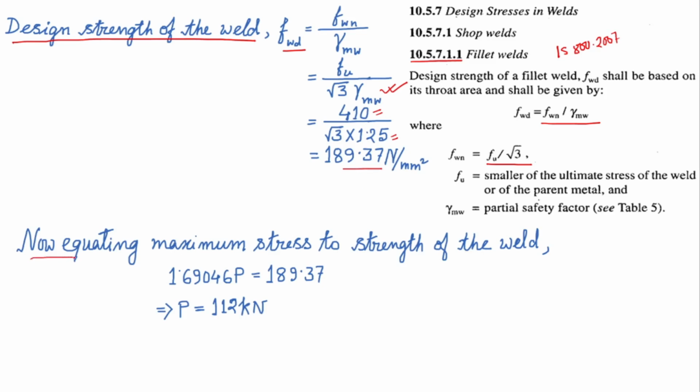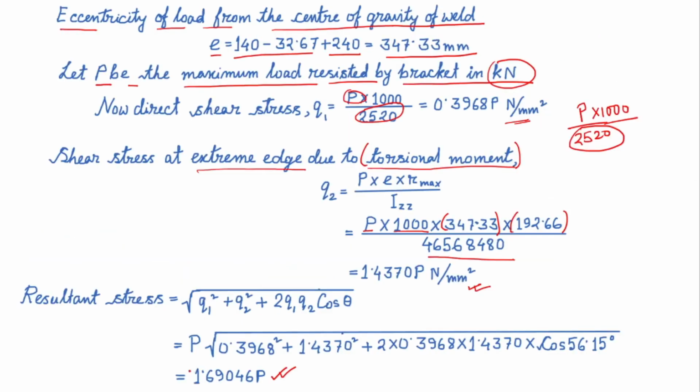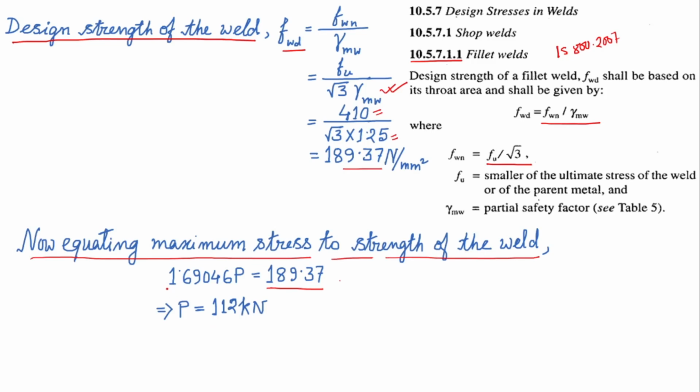Now equating the maximum stress to the strength of the weld. Strength of the weld is 189.37 and the maximum resultant stress is 1.69046 P. By solving this equation we will get P equal to 112 kilonewton.